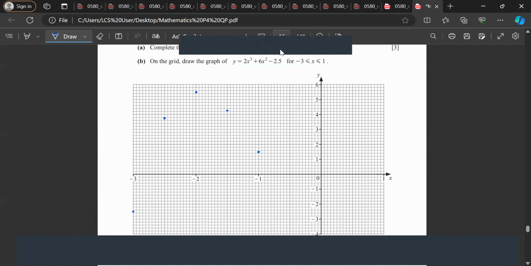Then I have 0 and -2.5, which is here. This is the easiest. Then 0.5 and -7.5, in the middle and negative here. And then 1 and 5.5.